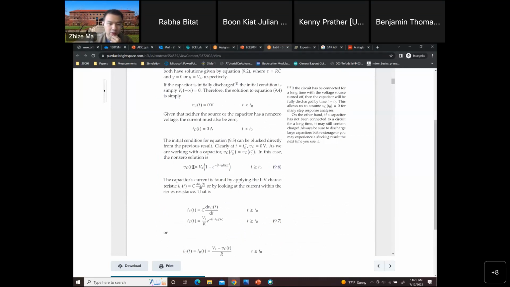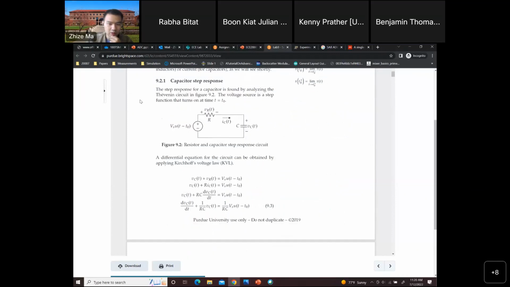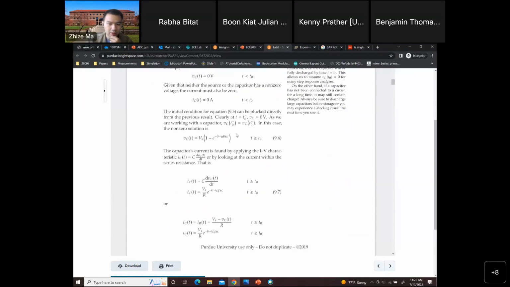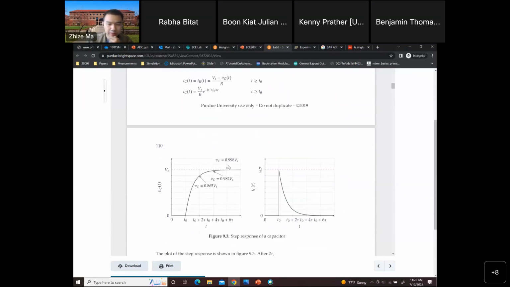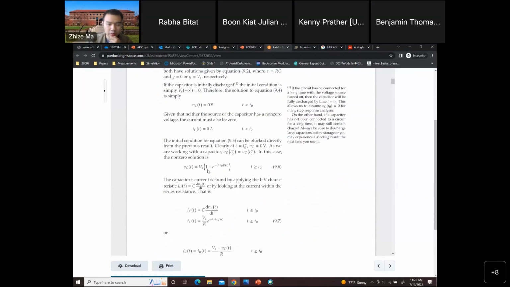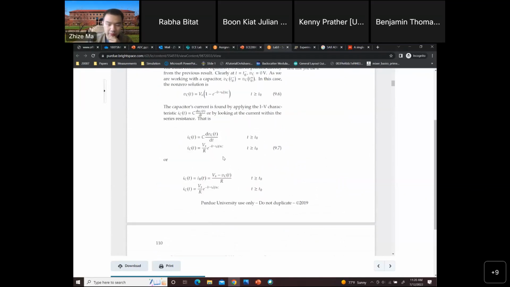Vc here is the voltage across the capacitor, and Vs is the source voltage. This is the circuit diagram. T0 here is the time when it starts to charge, and R and C are the values of the resistor and capacitor. Make sure you remember this equation, or you know where to find it in the manual.